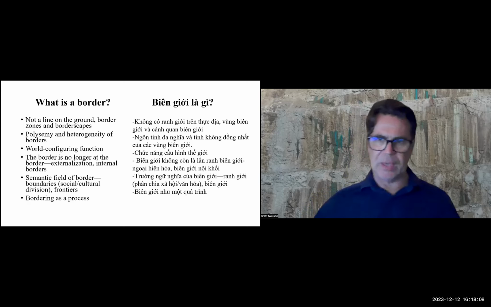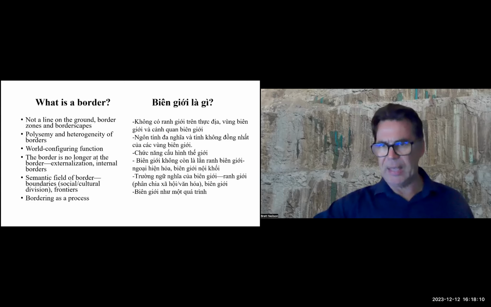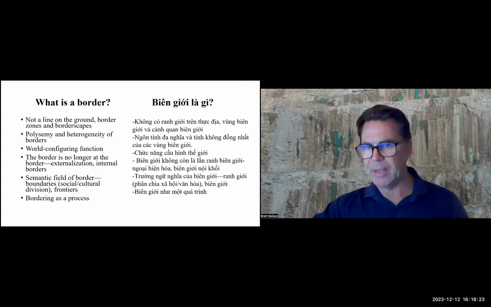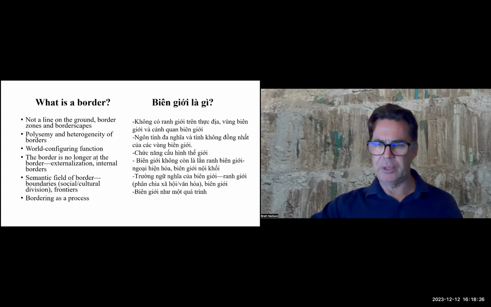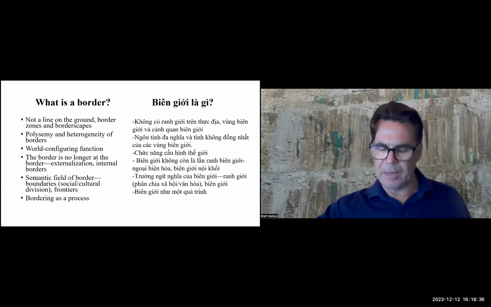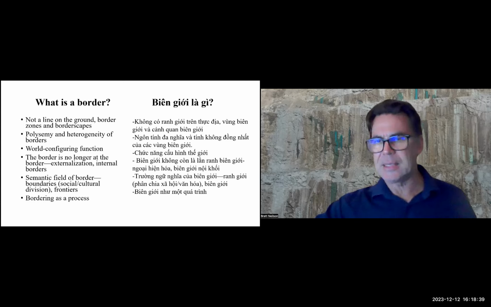But equally, we can think about borders existing within national societies, borders particularly in urban areas, providing stated or unstated barriers through which people are filtered or through which people are separated. And in this sense, we can begin to think that the border is no longer at the border, no longer at the border of national territory.